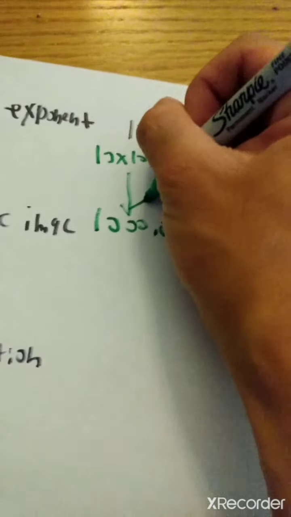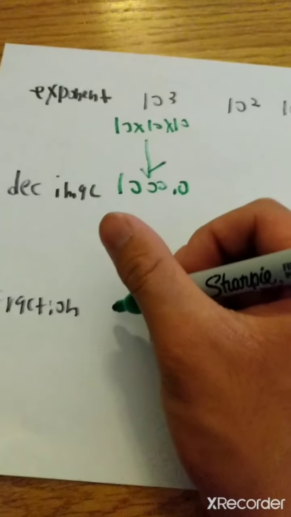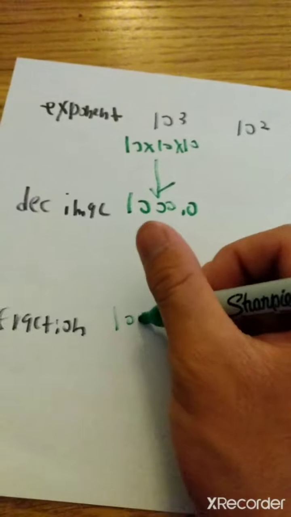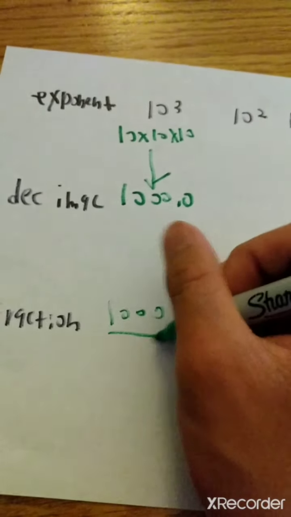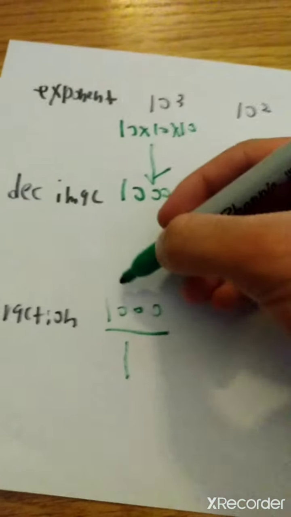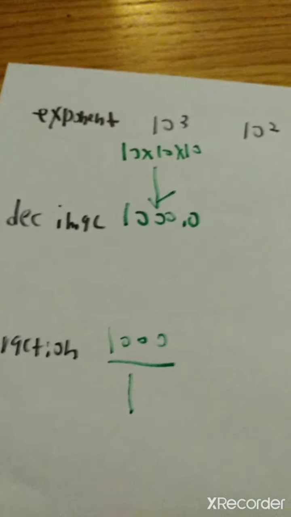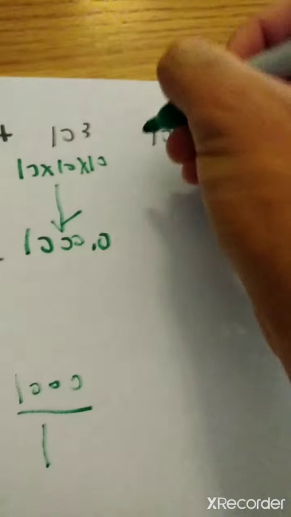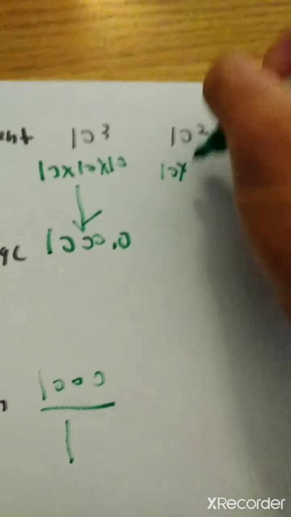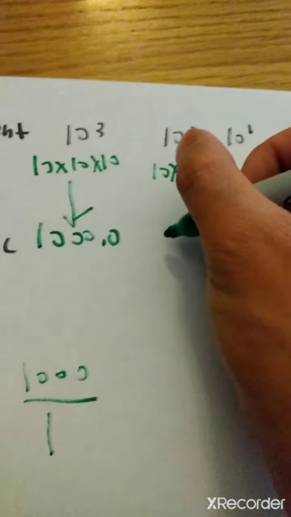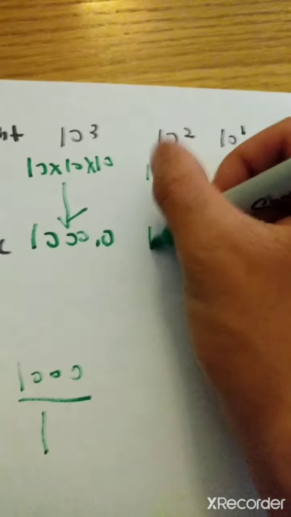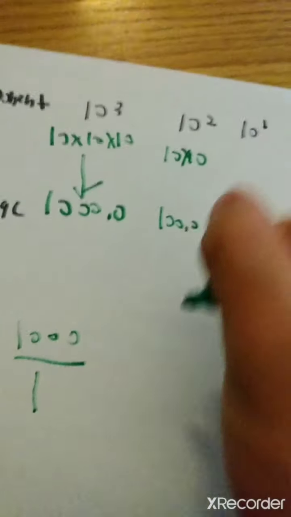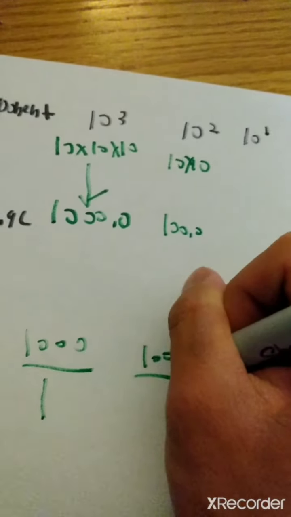And as a fraction, we would get 1000 over 1. That's for 10 to the power of 3. For 10 to the power of 2 is 10 times 10. And our answer for a decimal would be 100.0 and 100 over 1.